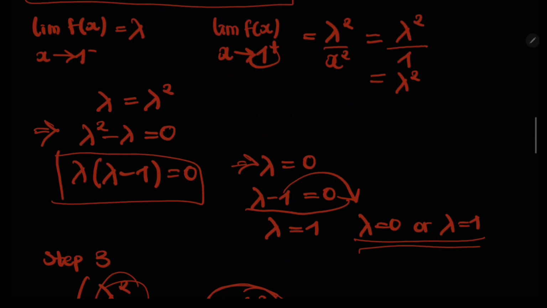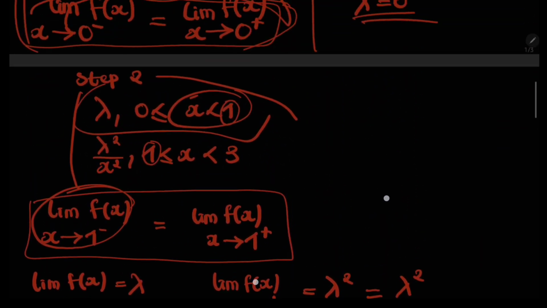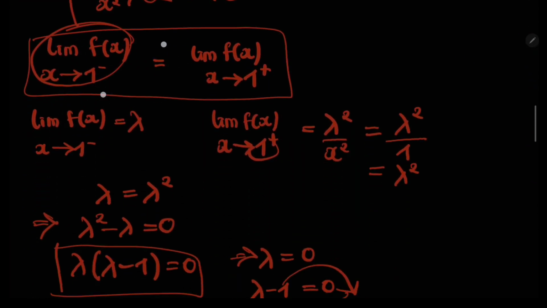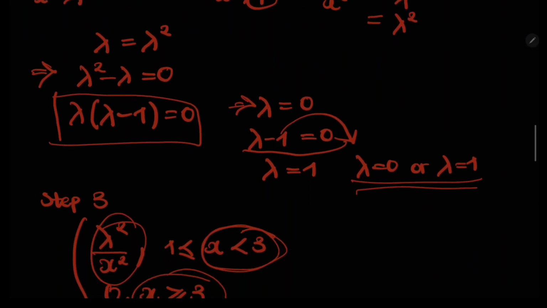From our first step, we had lambda equal to 0. In step 2, we had two values for lambda: lambda equal to 0 or lambda equal to 1.